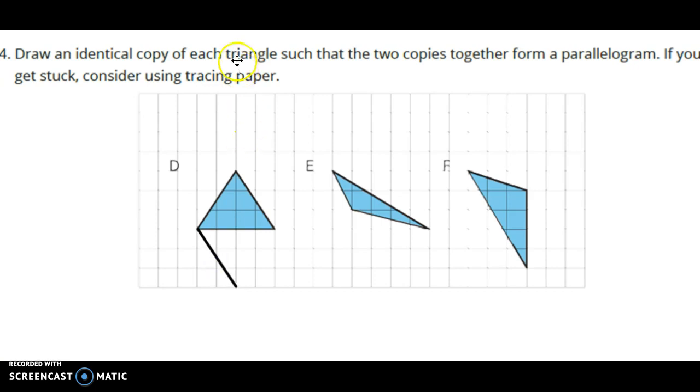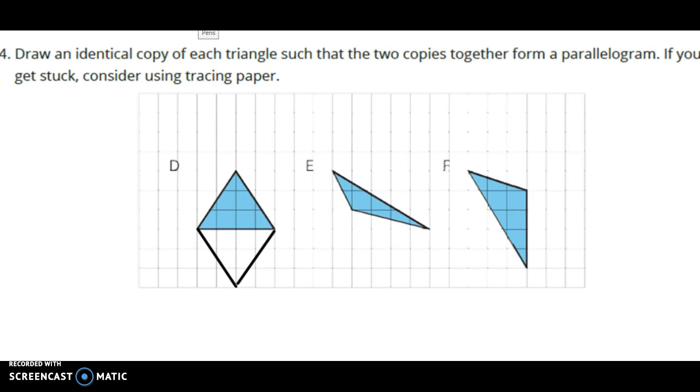It's very easy for me to do this on the computer. Since you're doing it on paper, you're going to have to just do your best to estimate it. So this is a parallelogram for D.